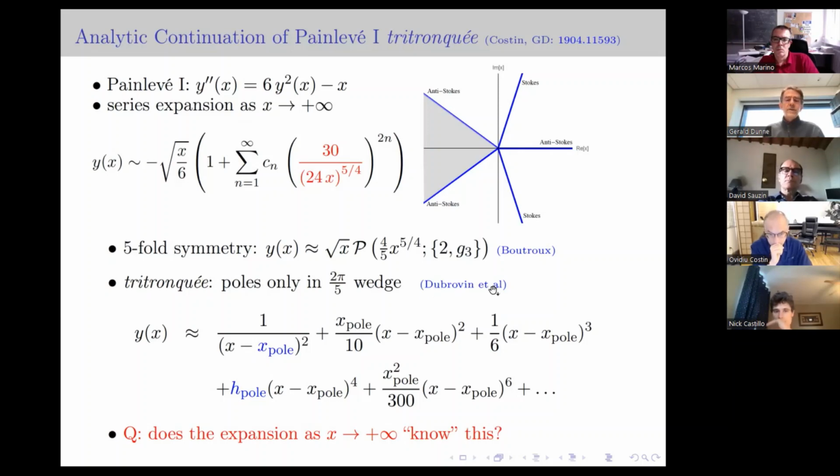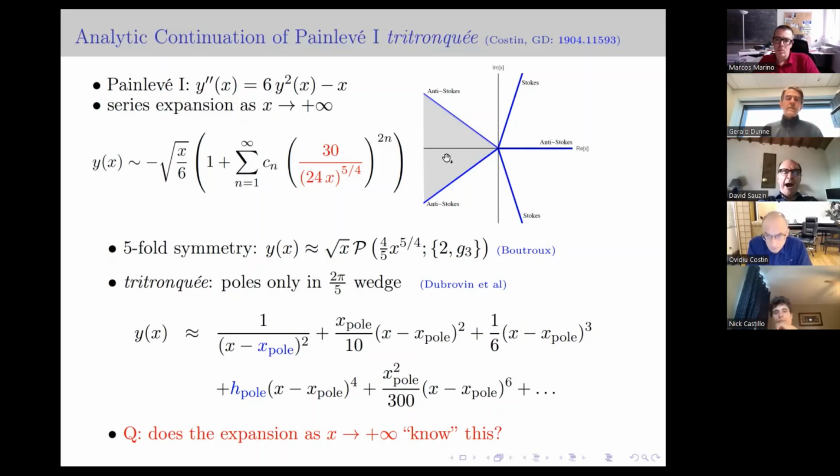And there was a conjecture, now proven by Ovidiu and collaborators, due to Dubrovin, that for this Tritronquée, the poles of this inherently meromorphic function only lie in this 2π/5 wedge between this anti-Stokes line and this anti-Stokes line.